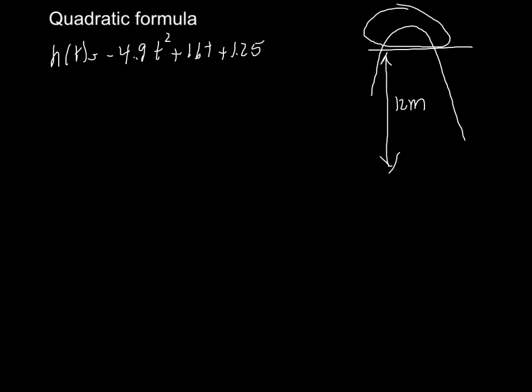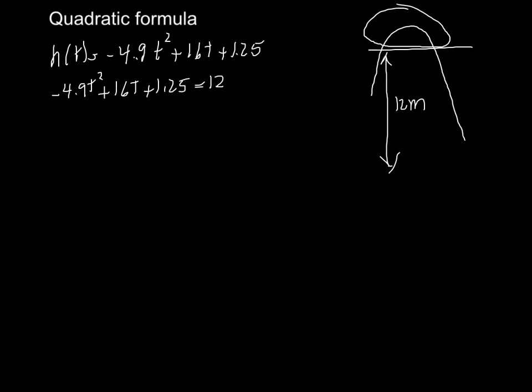To do this one, we just substitute h of t equal to 12, and then we try to solve the equation. So we have to solve negative 4.9 t squared plus 16t plus 1.25 is equal to 12.